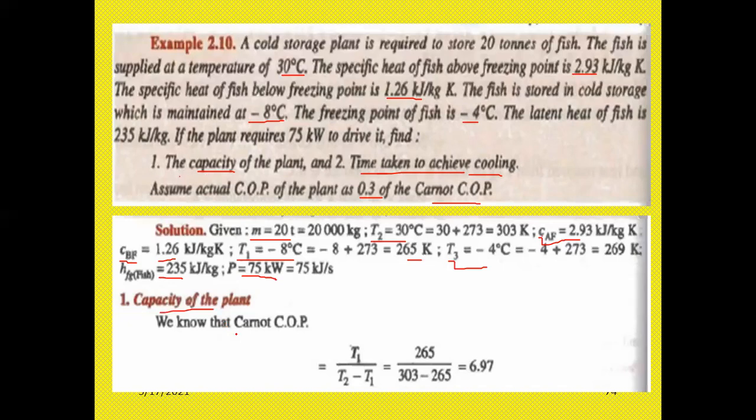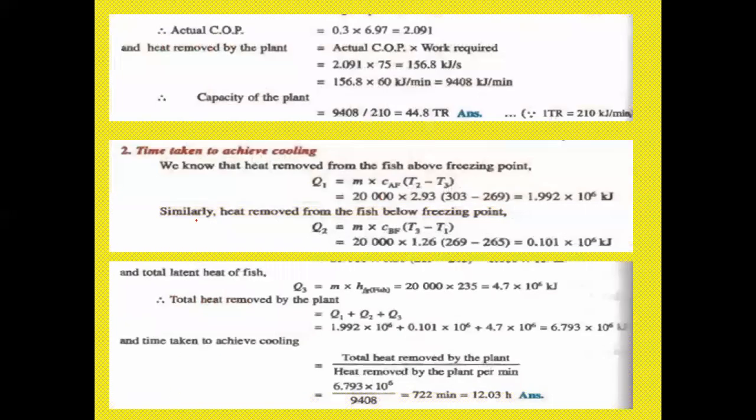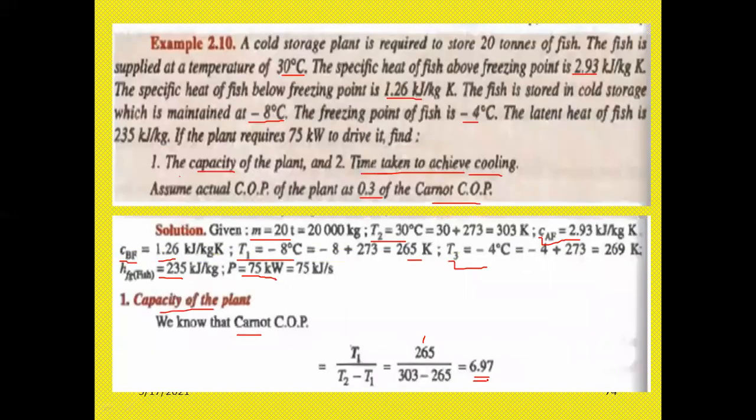We know that the Carnot COP is equal to T1 over T2 minus T1, that is 265 over 303 minus 265. Then the actual COP is 0.3 of whatever answer you achieved, so 0.3 of 6.97.